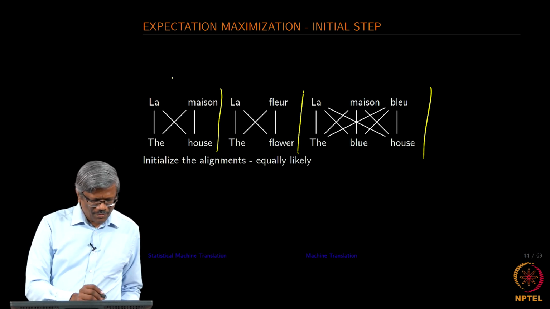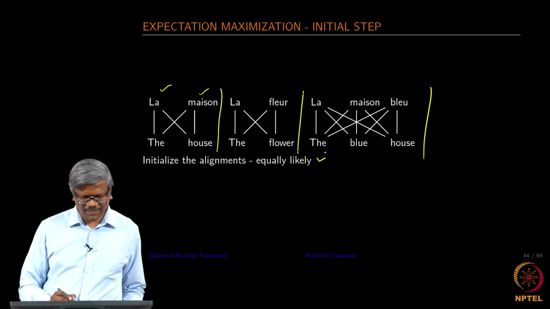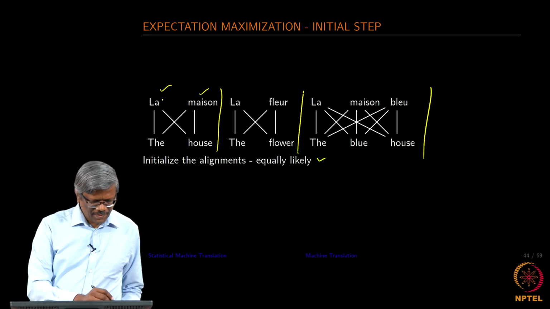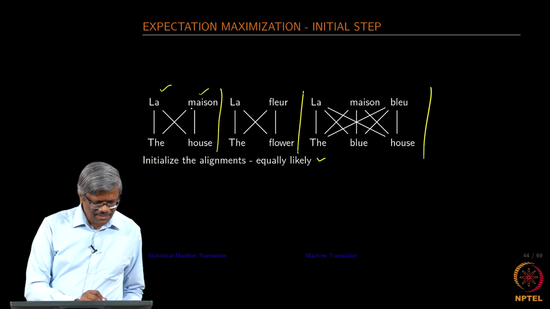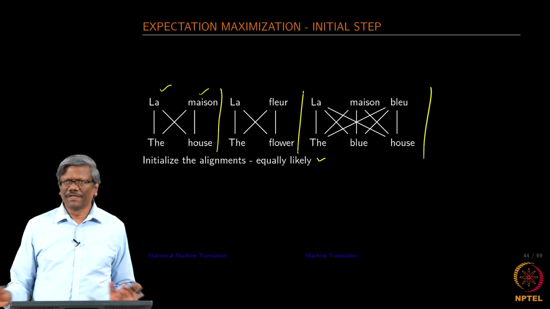Okay, so we have 3 sentences here, which are aligned, because we mentioned that the alignments are equally likely, right. So, the law is aligned to house, law is aligned to the, maison is aligned to the, and then maison is aligned to house. Okay. So, this is how we initially align.